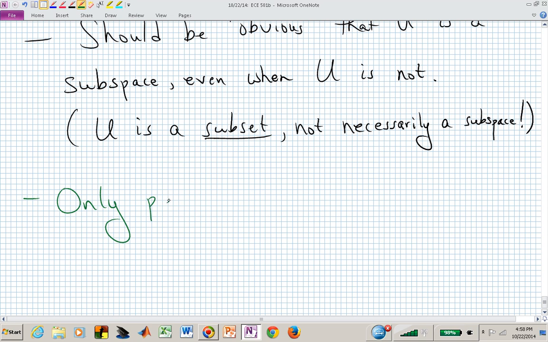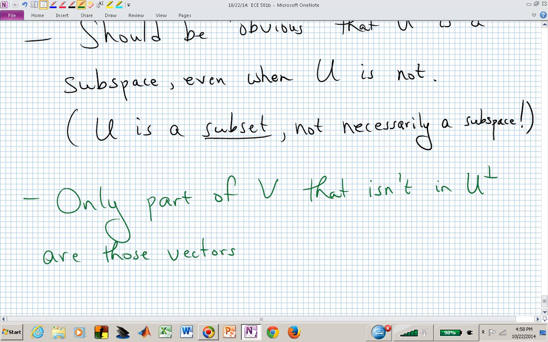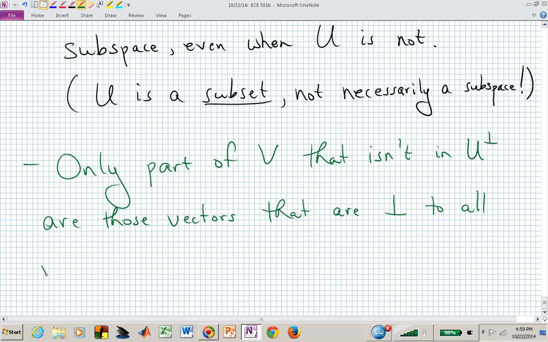The only part of our vector space V that isn't in U perp are those vectors that are perpendicular to all vectors in U perp.